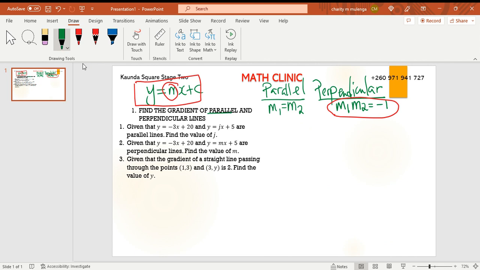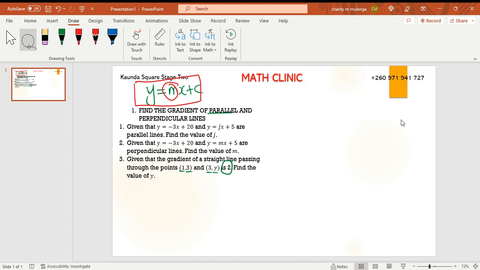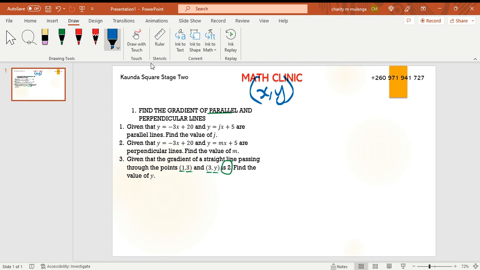Now, given that the gradient of a straight line passing through the points (1, 3) and (3, y) is 2. So we are told that the gradient of these two pairs of coordinates is 2. Now, I told you in the first video, when you are given coordinates (x, y), the formula used to find the gradient in a situation like this is m = (y2 - y1) / (x2 - x1).